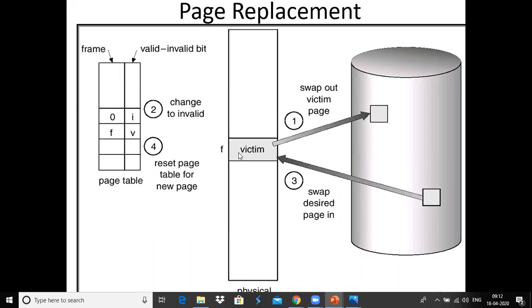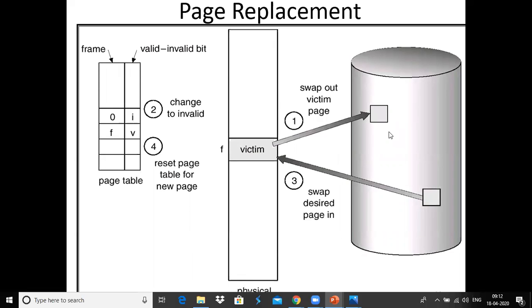So a trap signal is given to the operating system, which searches for that page in the logical address space. This is the disk. The operating system searches for the required page on the disk.